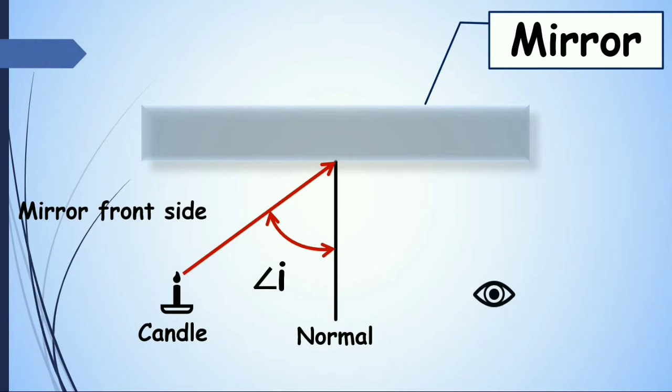Then it gets reflected to the eye with the same angle, because according to the first law, the angle of incidence is equal to the angle of reflection, and it will reach the eye.